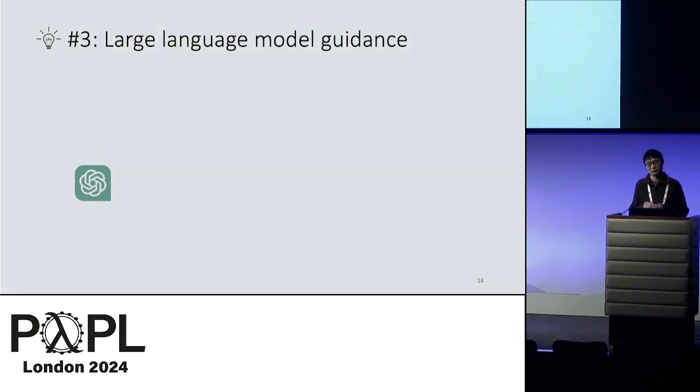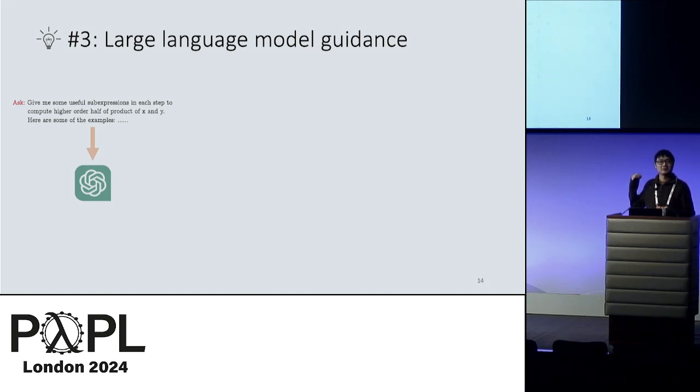In 2023, when we prepared for the submission, it's not too surprising that we asked ourselves, can we get the job done by ChatGPT? We did try. The good news, or I should say bad news, is that ChatGPT cannot get it solved. But if we lower our expectation and say, can you give us some useful subexpressions that we can reuse?